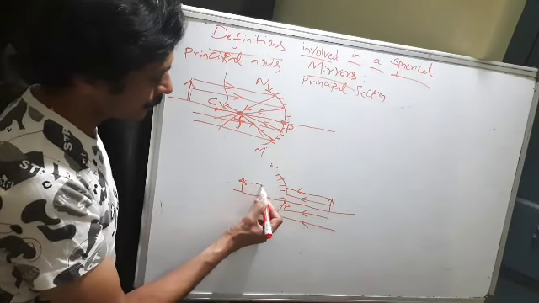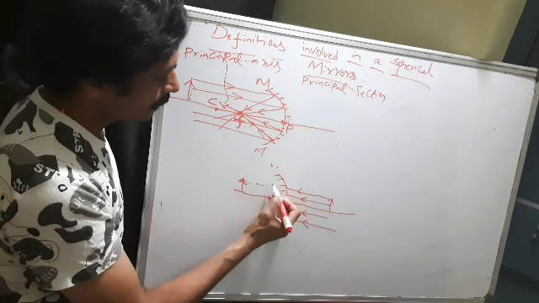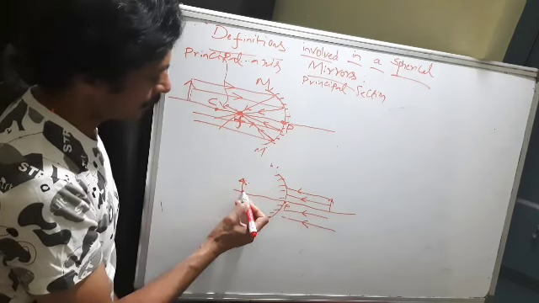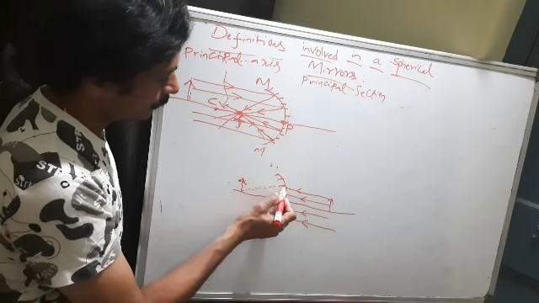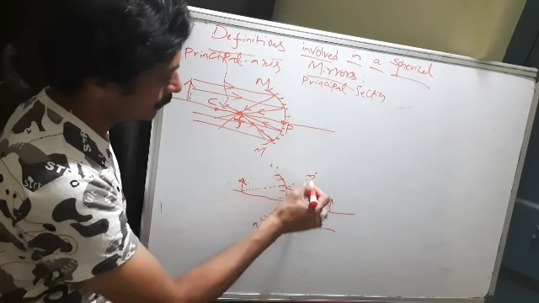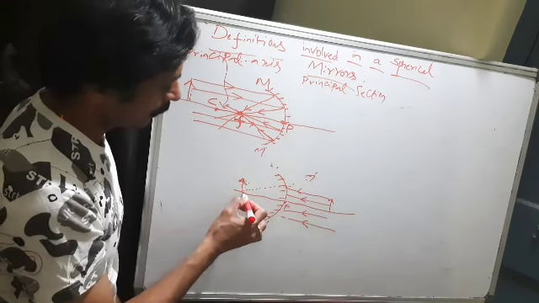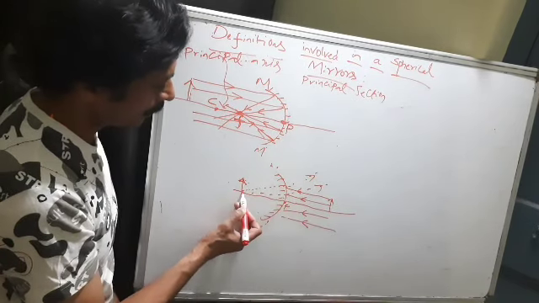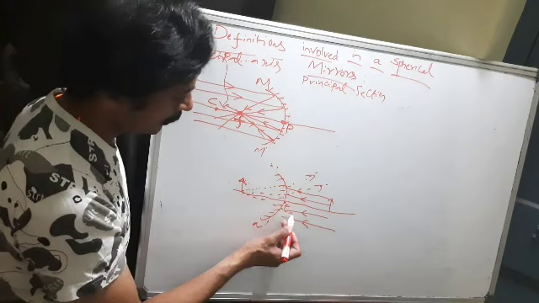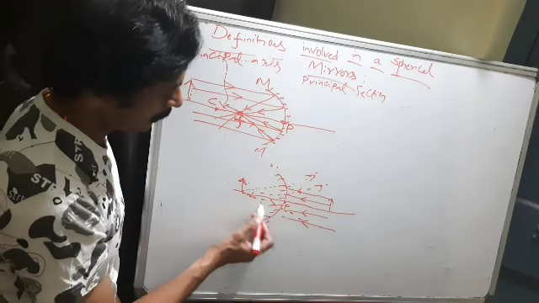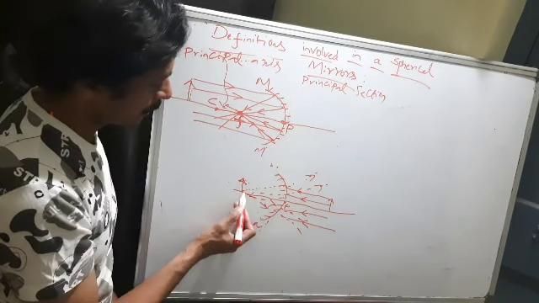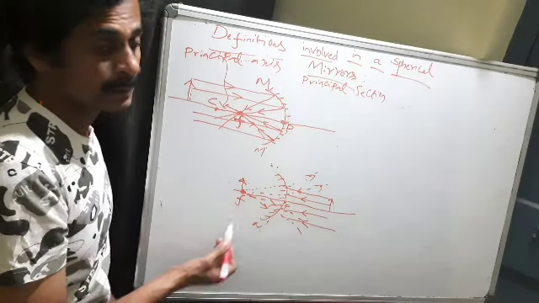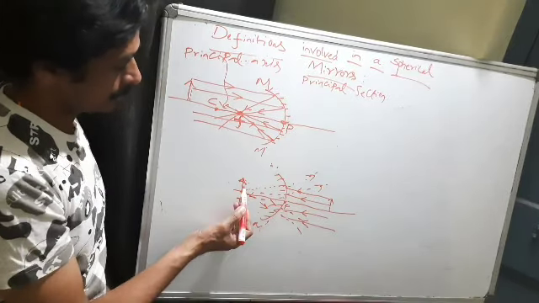Here the rays of light tend to diverge like this. They diverge away from the point. This is called the principal focus in case of convex mirror.